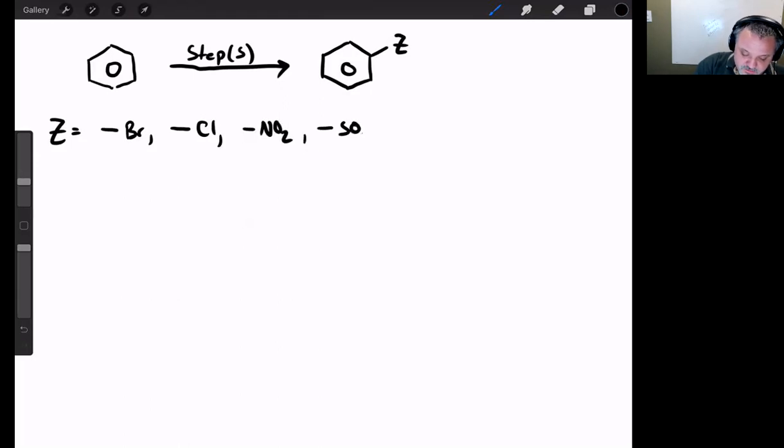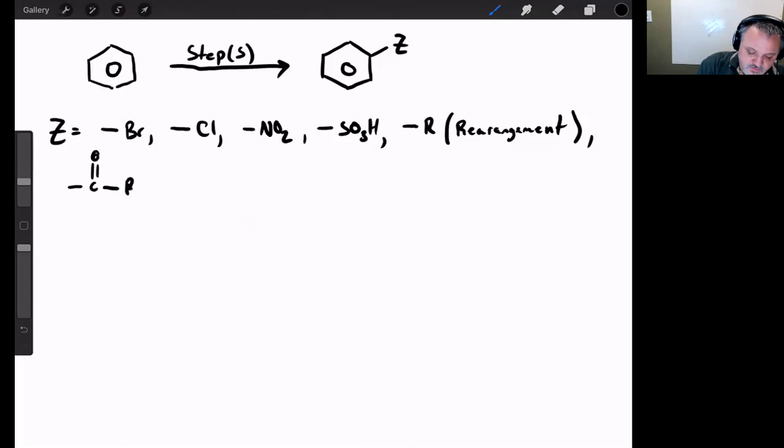We just talked about sulfonation. We could also add an R group, where we do have to make some considerations for the R group. We have to worry about the possibility of rearrangements. But what else could it be? It could be an acyl group.